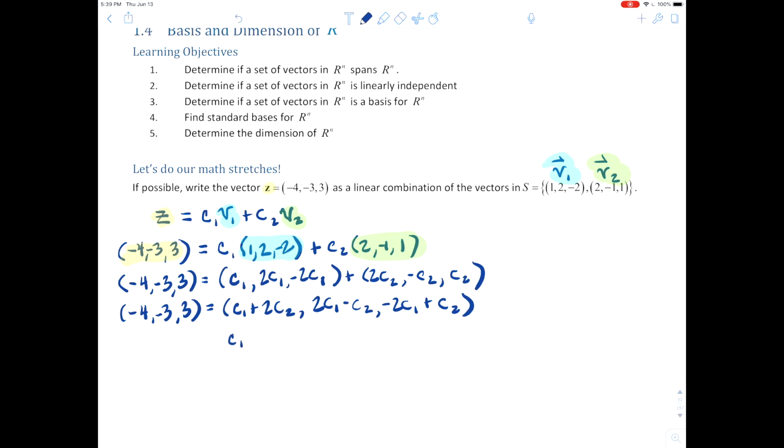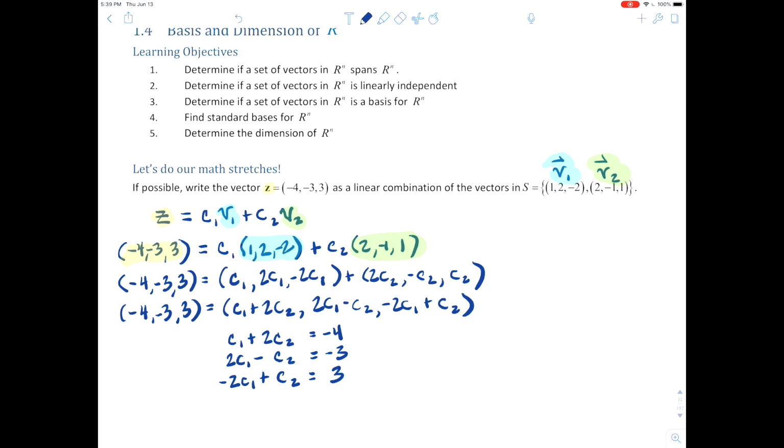So that gives us the system C1 plus 2C2 is equal to -4. 2C1 minus C2 is equal to -3. And what do we get here? -2C1 plus C2 is equal to 3.